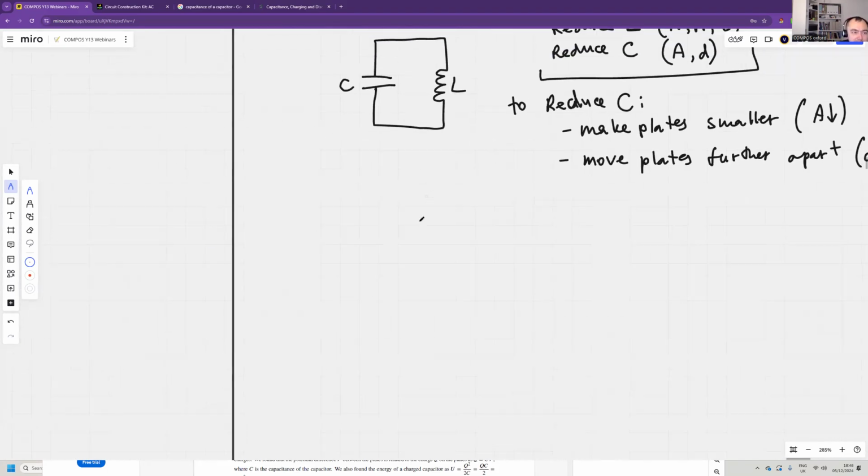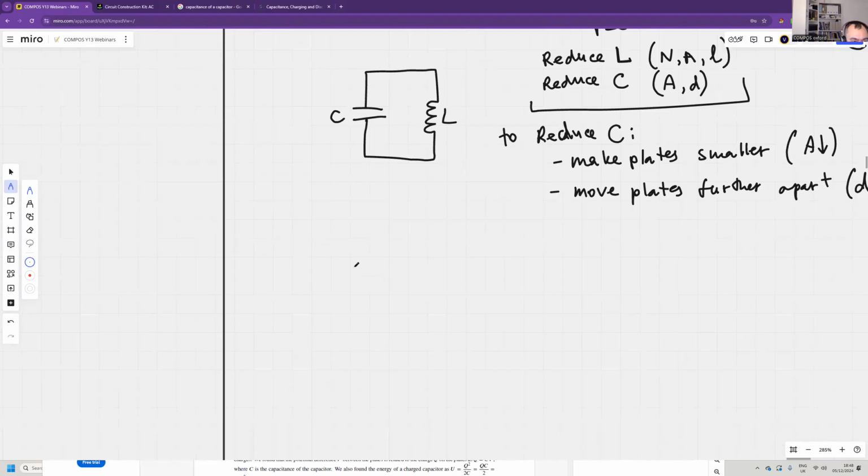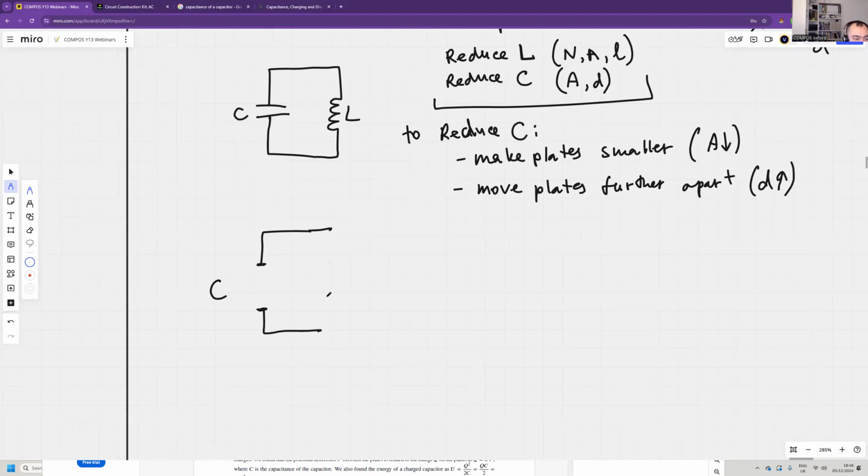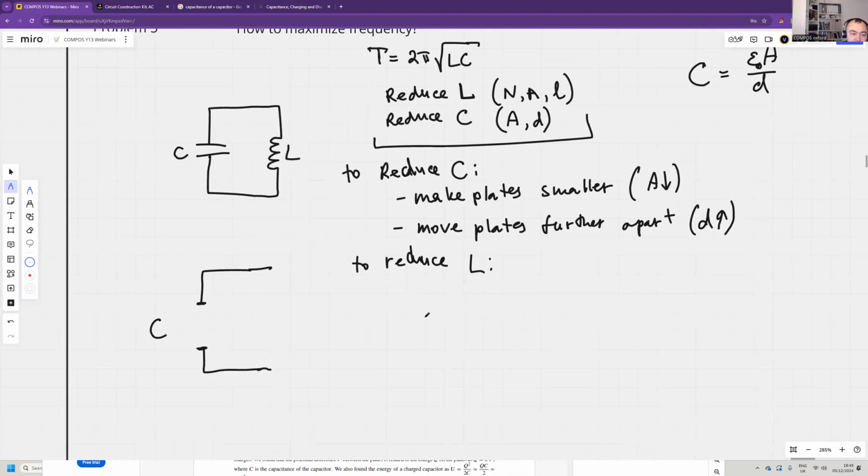Okay, so let's draw. What do we get if we do that? So we make the plates smaller and increase this plate separation. Okay, so the capacitance decreases. Now L, the inductor, to reduce L: reduce N, reduce the number of loops.